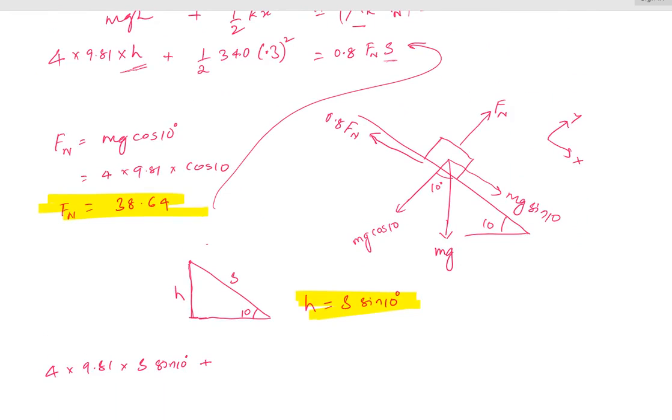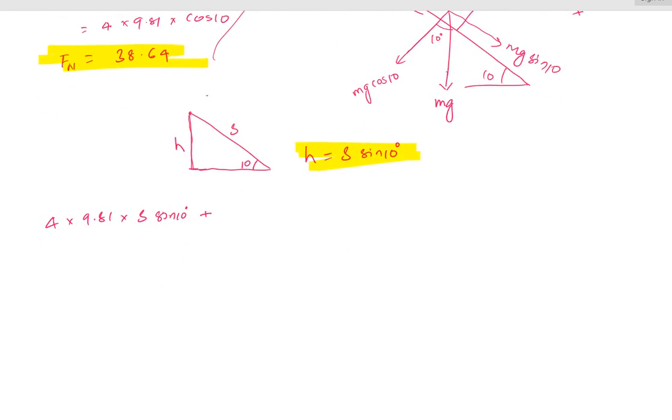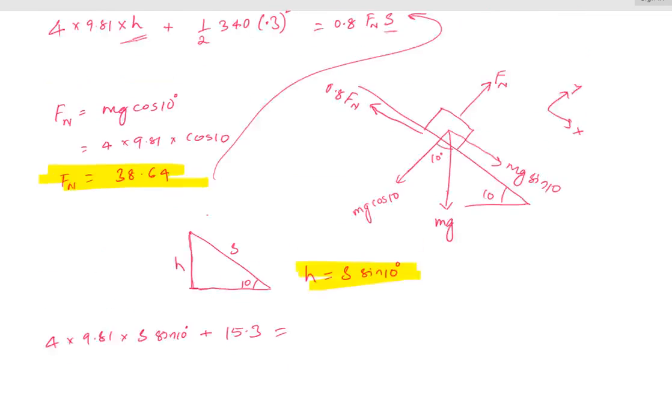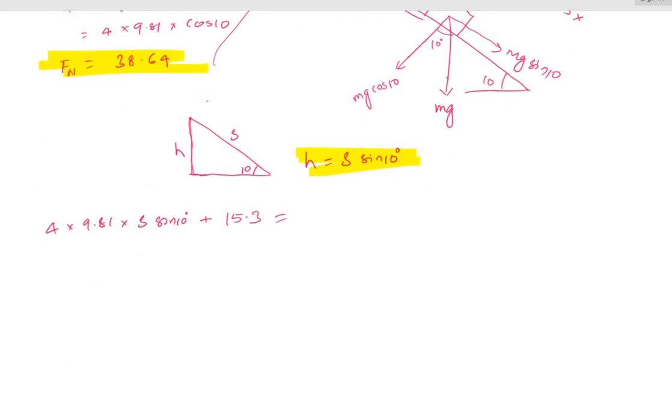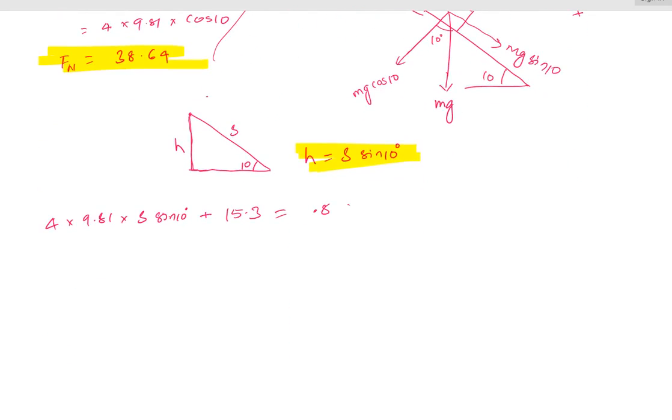So let's see what that comes to. 170 times 0.3 squared is 15.3, is equal to 0.8 times Fn, which is 38.64, times s.